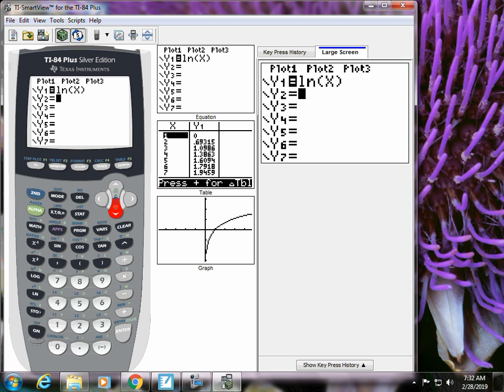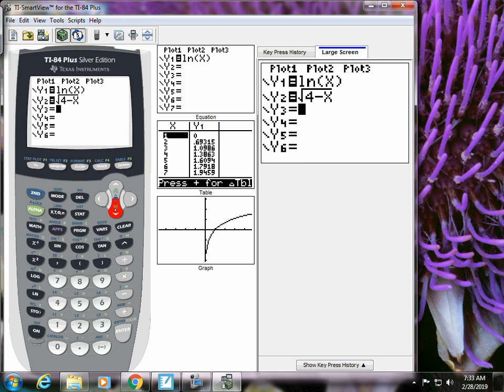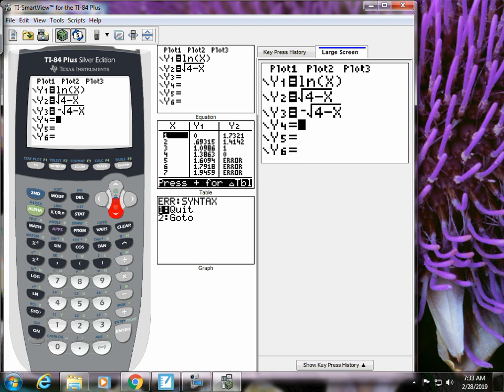If you only graph the positive square root, you're only going to see the top half of the parabola, and you're going to say, oh no, there's no area that's enclosed by all those graphs. So you have to graph both. I need the positive square root of 4 minus x and the negative square root of 4 minus x. Now I just want to come up with a nice window.